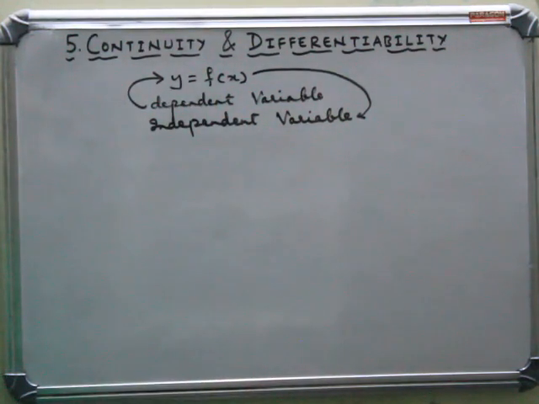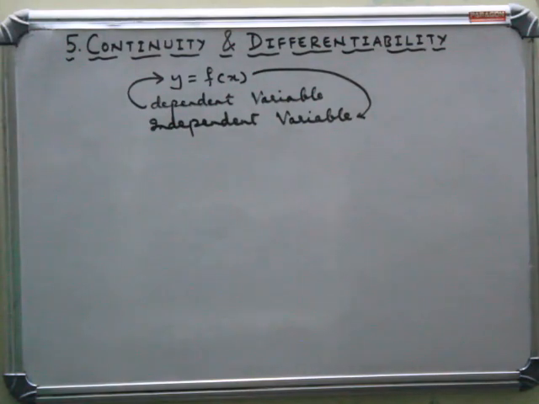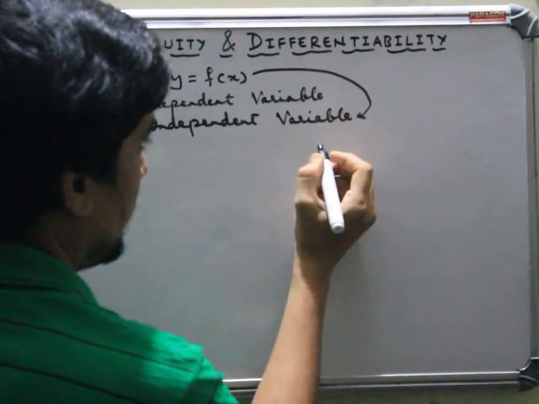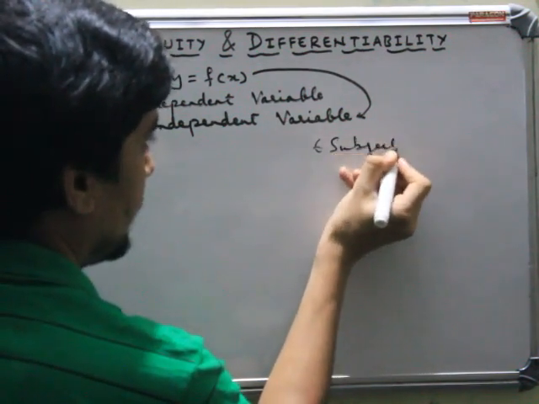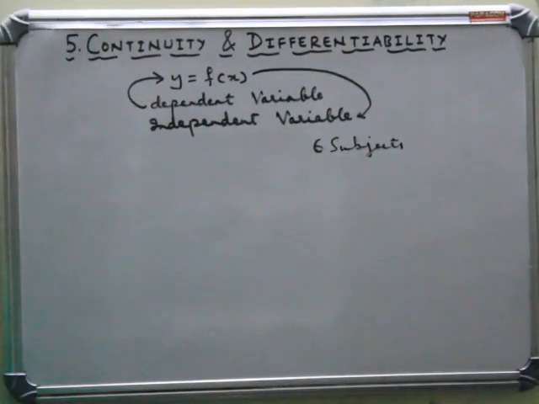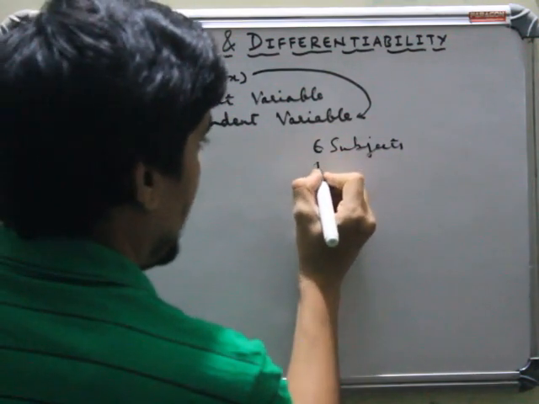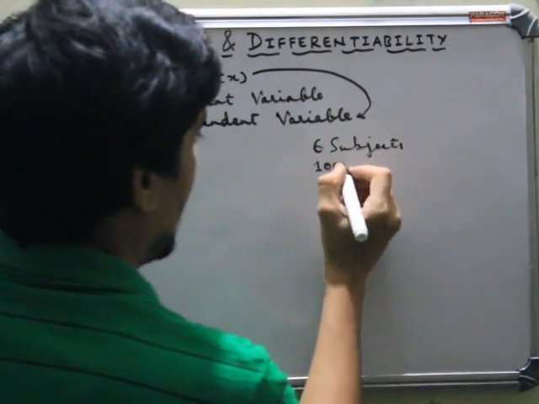Now let us understand, I'll give you a small example on how to understand what is dependent and what is independent. Say you have 6 subjects to study in your academics, and the maximum marks you can score in each subject is 100.